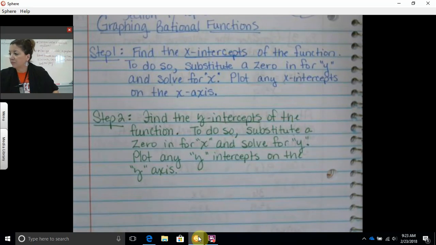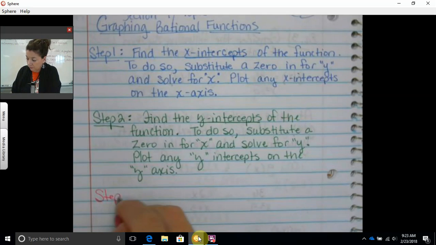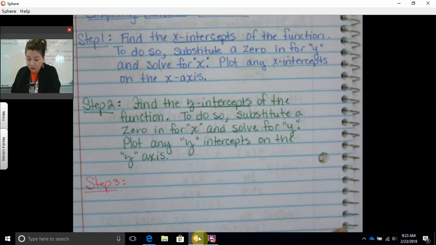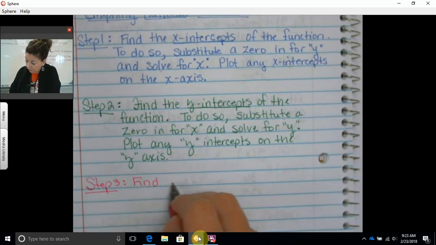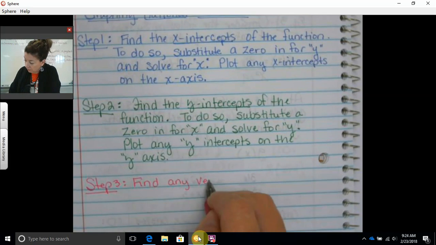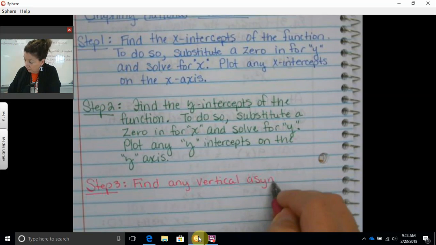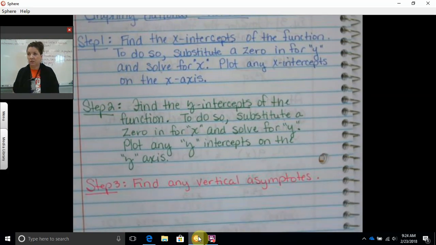Step 3. Find any vertical asymptotes. Have we talked about asymptotes before?